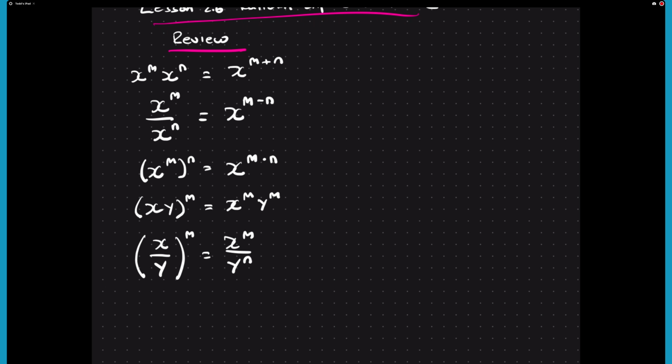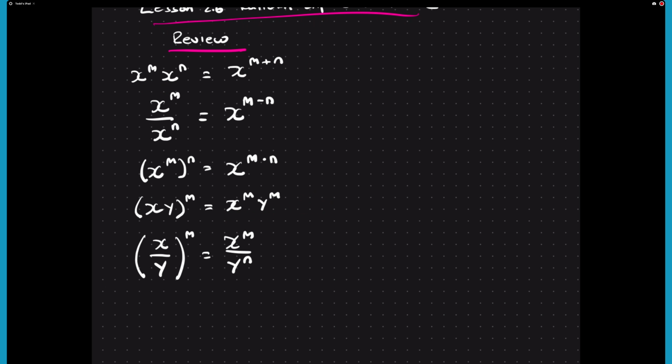I can't simplify that any further because x and y are different bases, just like in the example before. I cannot simplify that any further like we did up here, because the bases are different here, and notice that they're the same up top.